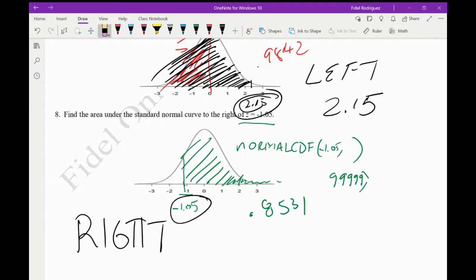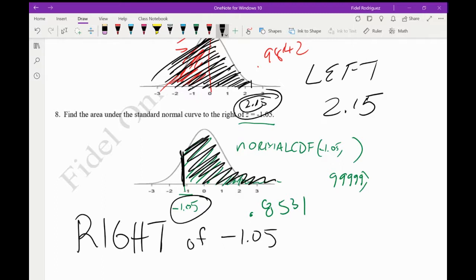But for number 8, we're finding the area to the right of negative 1.05. So I'm starting from here and I'm working this way, right? So this is my lower limit and my upper limit is at positive 9999, right? So that's why I have to do it that way.